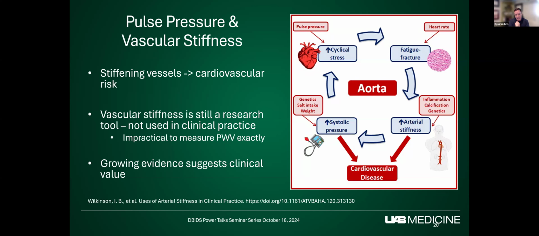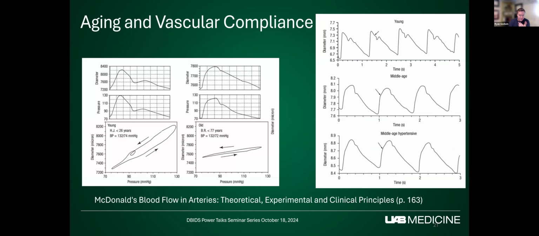Something called the Windkessel effect is like how the aorta, for example, expands on those big boosts in pressure waves, and then it relaxes. And that's the pulsatile way that we measure our pulse, for example. But as I said, as we age, that doesn't perform as well as it does when we're young. So here's just a couple plots from a famous blood flow book called McDonald's Blood Flow in Arteries.